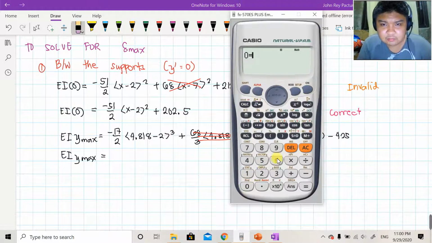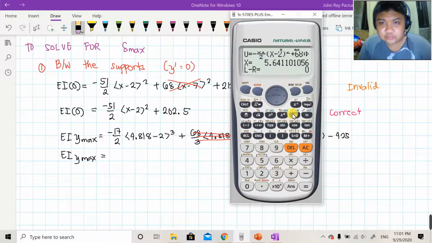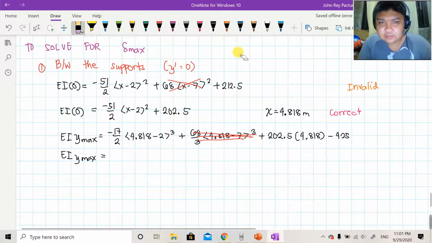So, 0 equals negative 51 over 2. Tapos, x minus 2 na naka-squared plus 68 ng x minus 7 na naka-squared plus 212.5. So, shift solve, 5.6411.